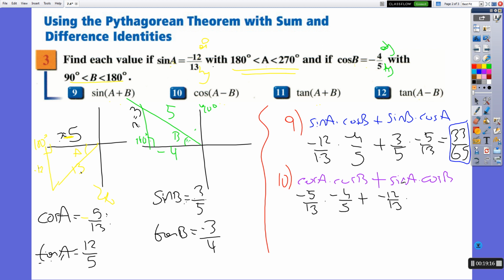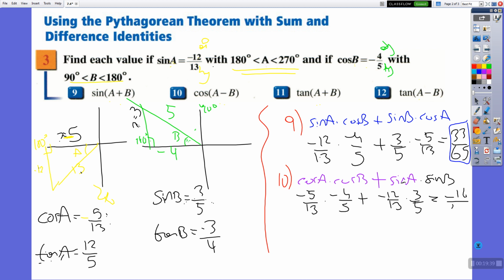So I made a mistake here. This was supposed to be sine B. So times sine B, sorry. So what was sine B? We found it here as 3 over 5. So I leave the calculations to you. Let me write the result.